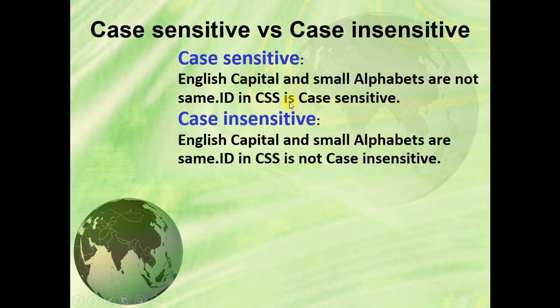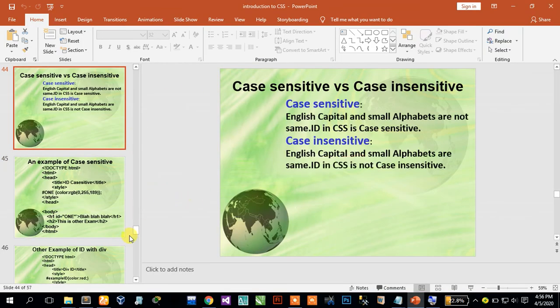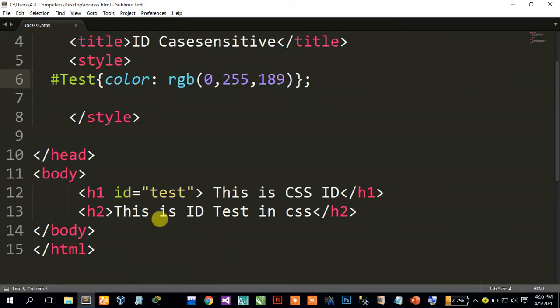In CSS, ID is also case sensitive. Small and capital alphabets are not the same. ID is case sensitive in CSS, you must know that. If you write small letters here, you must write small letters there too; if you write capital letters here, you must write capital letters there, both the same.